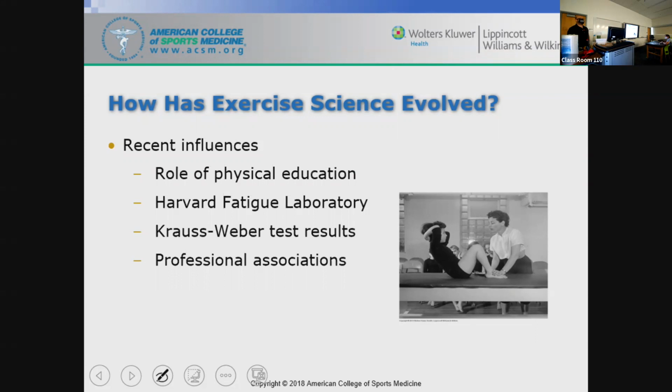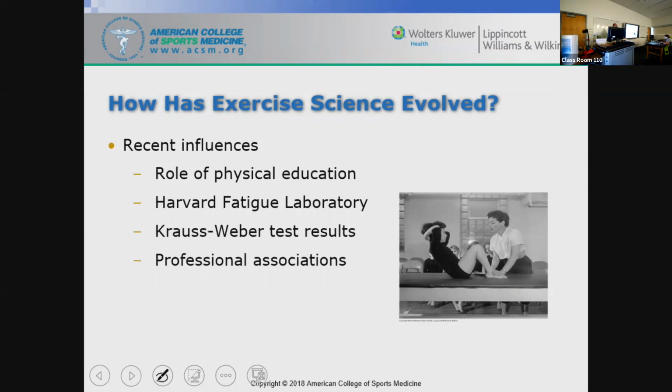And then professional organizations and associations started to be developed. American College of Sports Medicine being one of them, the National Strength and Conditioning Association, that was in the 70s, I believe. And then you started to have some other ones too.